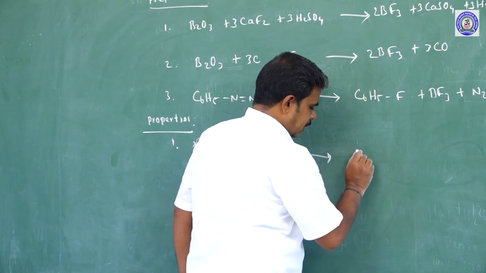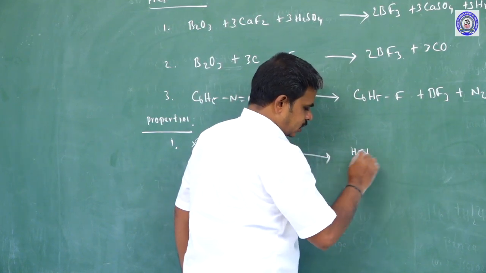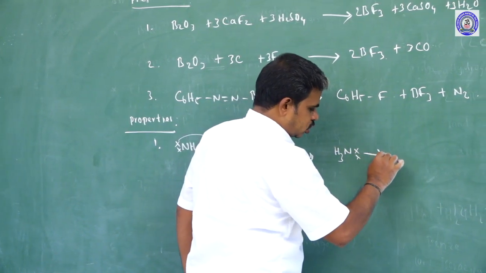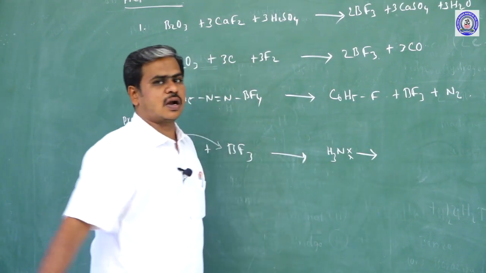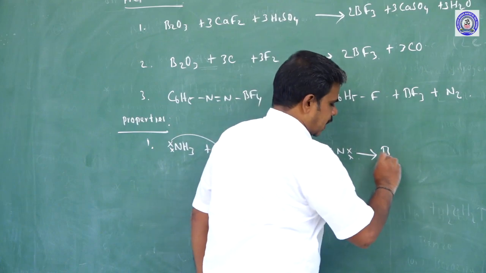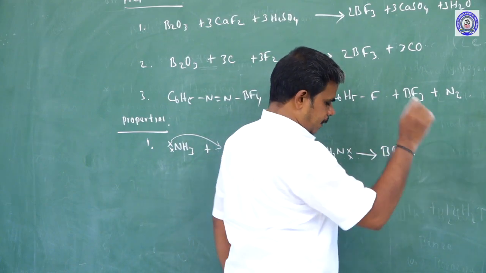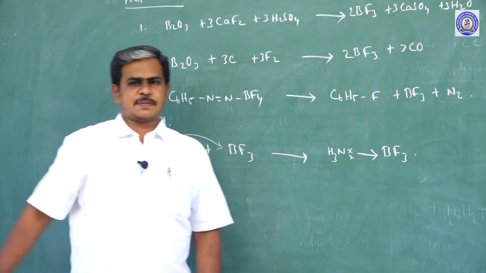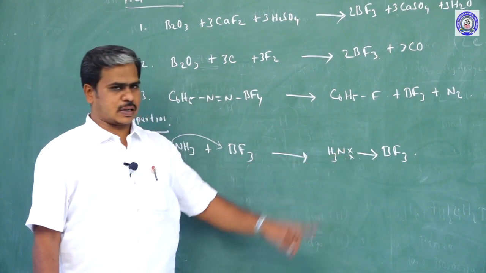So here the NH3 lone pair is donated. A pair of electrons donated by a single atom is called a coordinate bond, and it is BF3. Why does BF3 accept a pair of electrons?